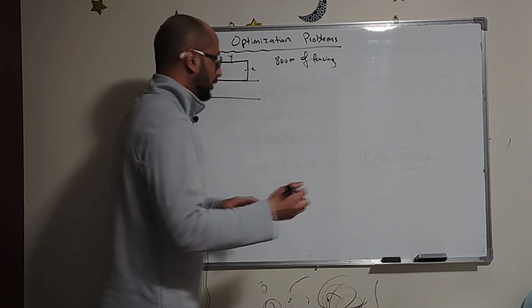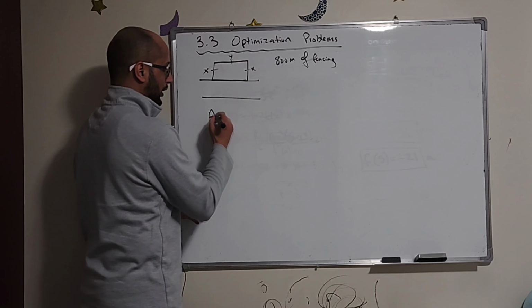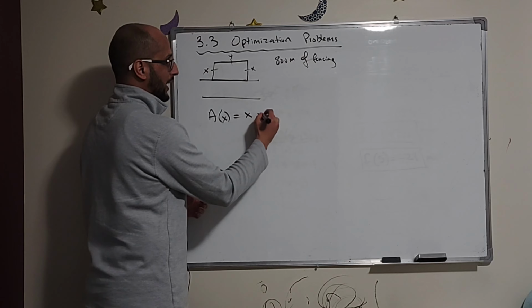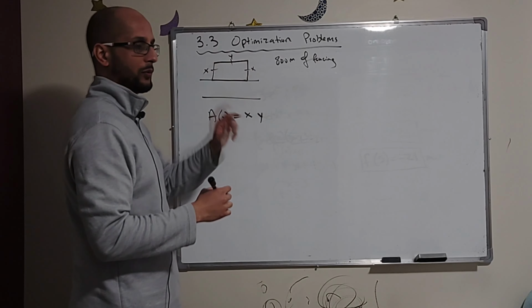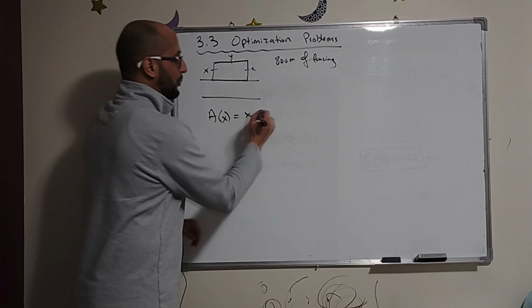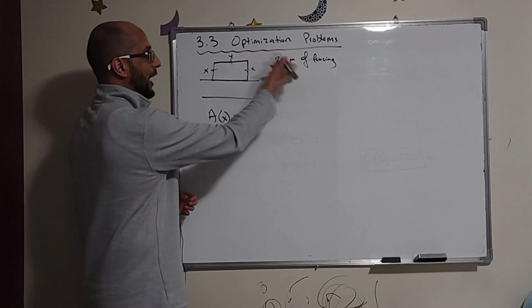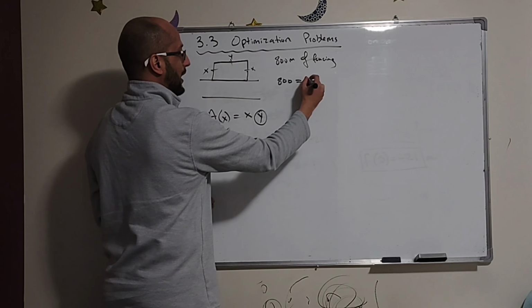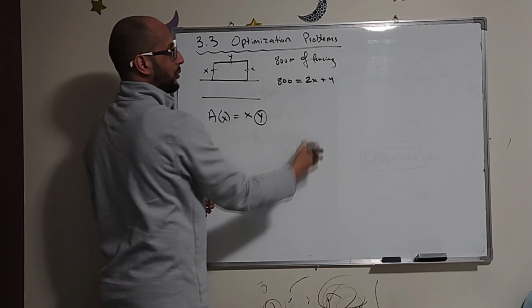So what do we start with? We're going to start by making an equation. The area, we'll say with respect to x. So x will be the measurement. Normally, it's supposed to be x times y, length times width, but we need to replace the y. Well, I know that these 3 sides have to add up to 800, so the equation would be 800 equals 2x plus y.